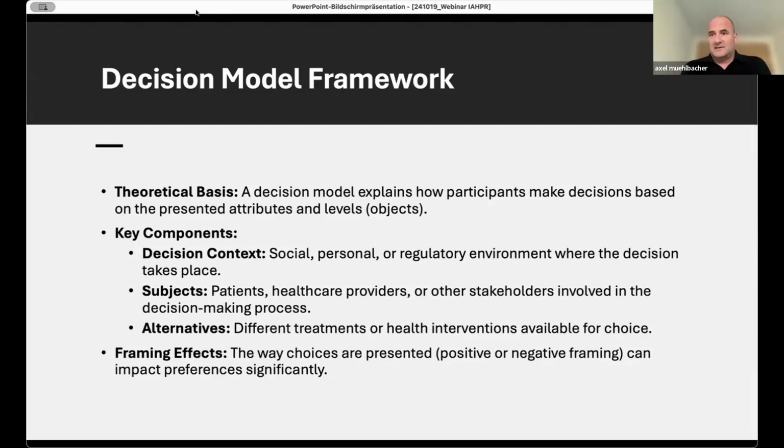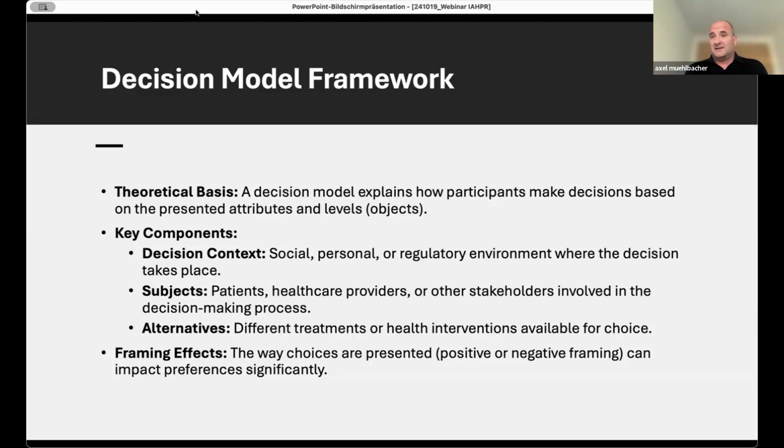And that behavior can be observed in multiple ways. People can rank, rate, or even explain in a qualitative manner what they think about the object. So that's the underlying idea of using these terms of subjects, objects, the interaction between them, observing a certain behavior. And all of this is done in a certain decision context.